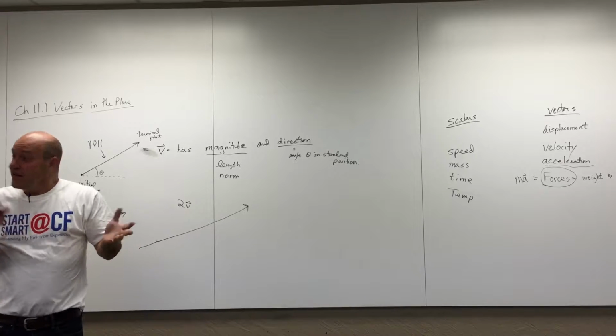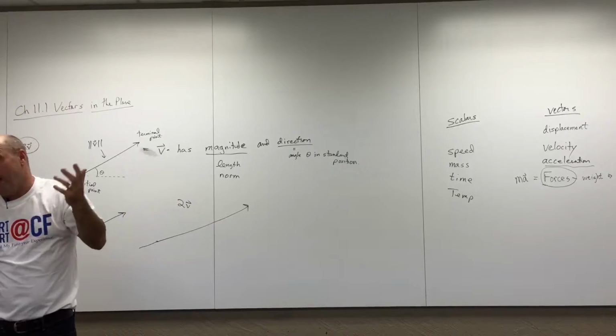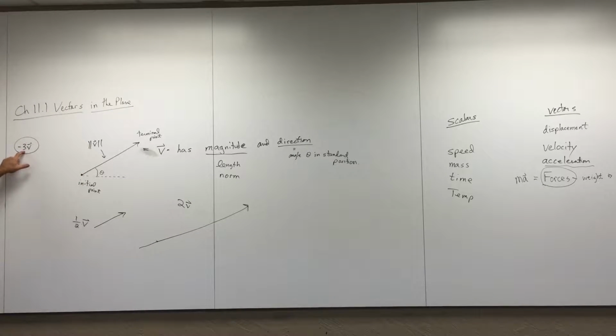It is parallel, but now pointing in the opposite direction, and it's now 3 times as long. So we've learned how to multiply a scalar times a vector.